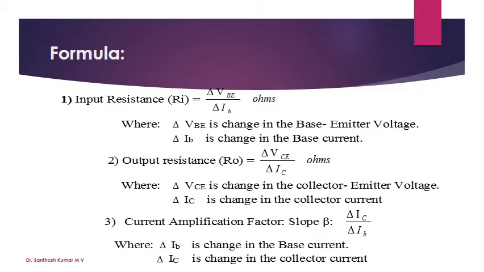Output resistance RO is equal to delta VCE divided by delta IC, where delta VCE stands for the change in the collector emitter voltage and delta IC the change in collector current. And next is the current amplification factor, which is nothing but a slope, equal to the change in collector current to the change in base current. These are the formulas which are used.